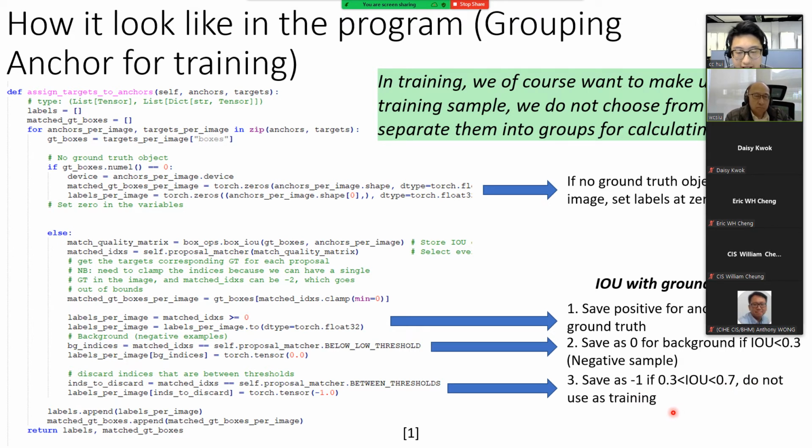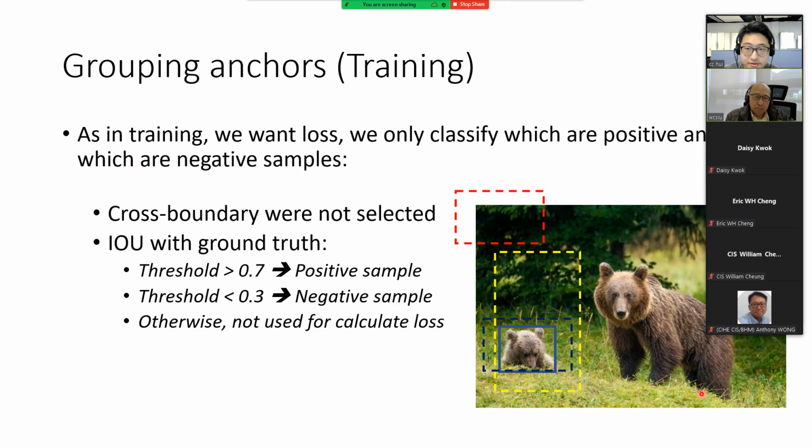Because there are a lot of anchors that will have an intermediate score, but the effects of them are not big enough. So for saving time and efficiency, we do not use them for training.